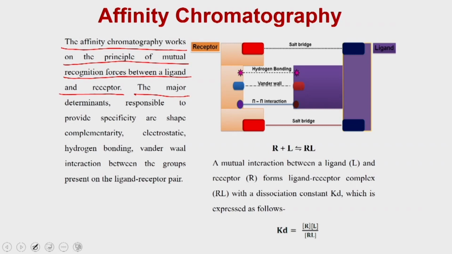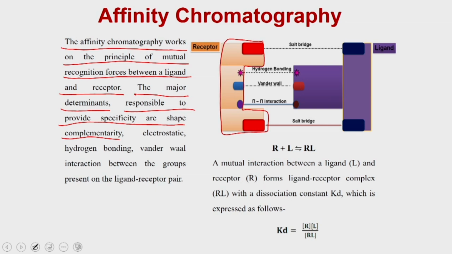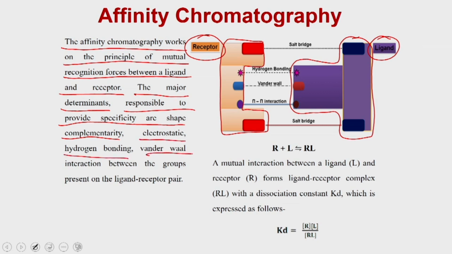The major determinant responsible for providing specificity is, first, shape complementarity, because shape complementarity between a receptor and a ligand brings them into close proximity. Once they come into close proximity, the electrostatic, hydrogen bonding and van der Waals interactions between the groups present on the ligand-receptor pair play a role.